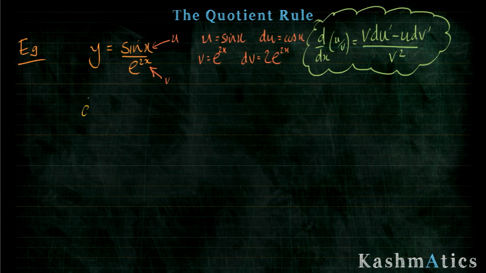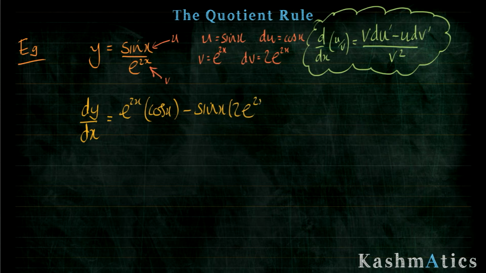dy by dx would equal v du, so e to the 2x times du, which is cos x, take away u dv, which is sine x multiplied by 2e to the 2x, all over v squared, which would be e to the 2x squared.